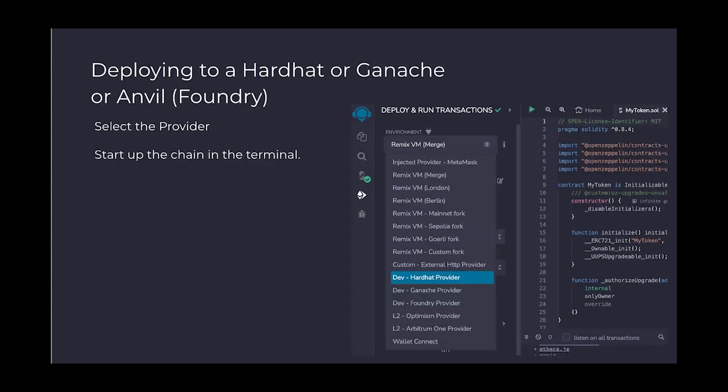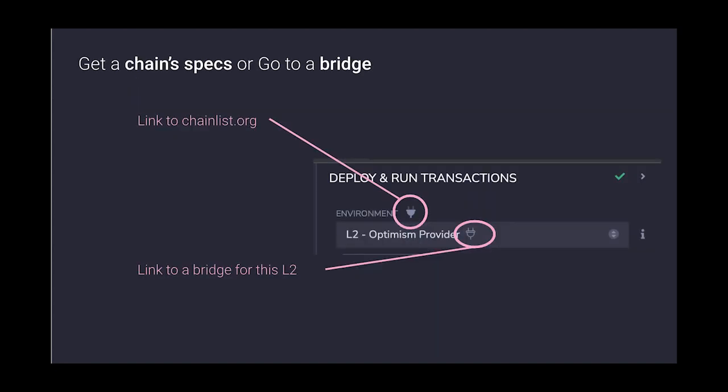To deploy to a Hardhat, Ganache, or Anvil Foundry chain, first you have to get the chain going locally, and then in deploy and run, go down to the dev Hardhat provider or Ganache provider or Foundry provider. To get the specs of a chain, at the top of deploy and run, select this plug over here, and that will take you to chainlist.org, where you can search for the chain, and then it will input those specs into your browser wallet.